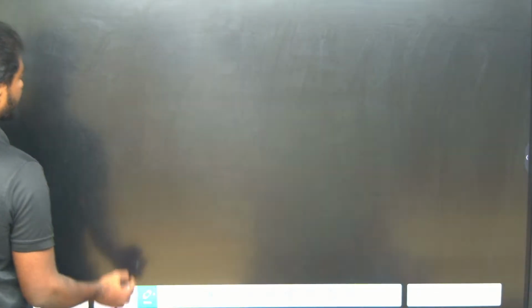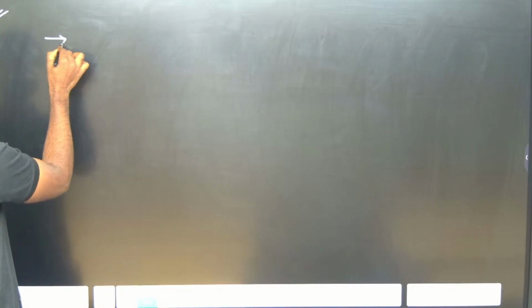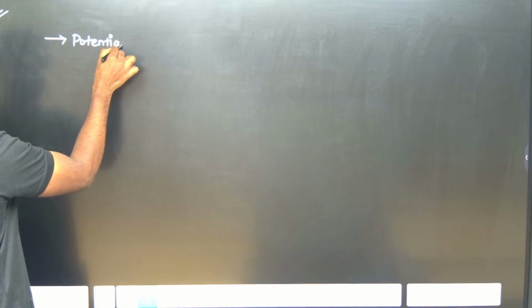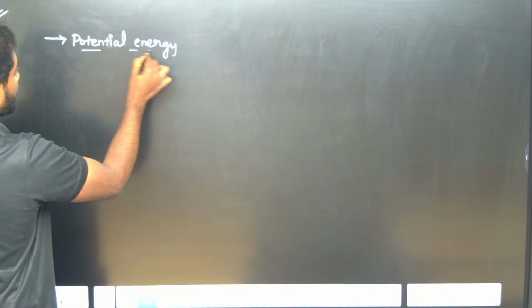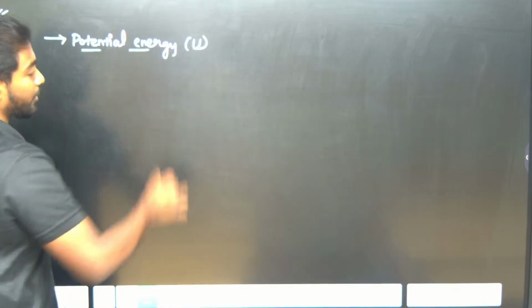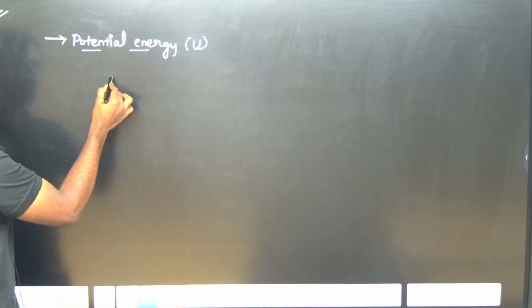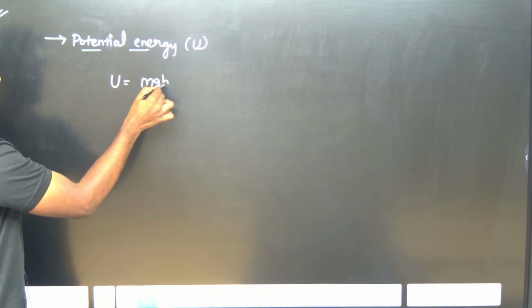When we talk about potential energy, we denote it by U, and kinetic energy by K. The formula for potential energy is mgh.